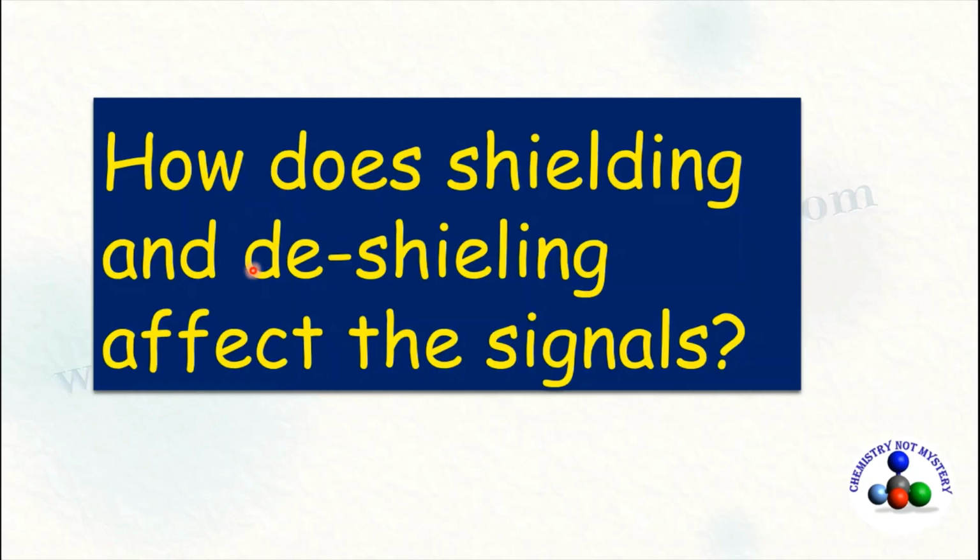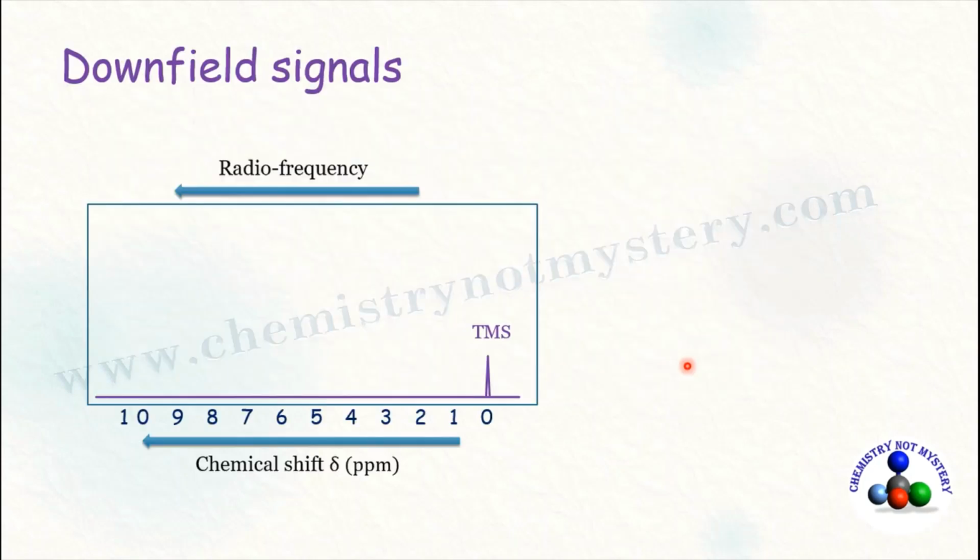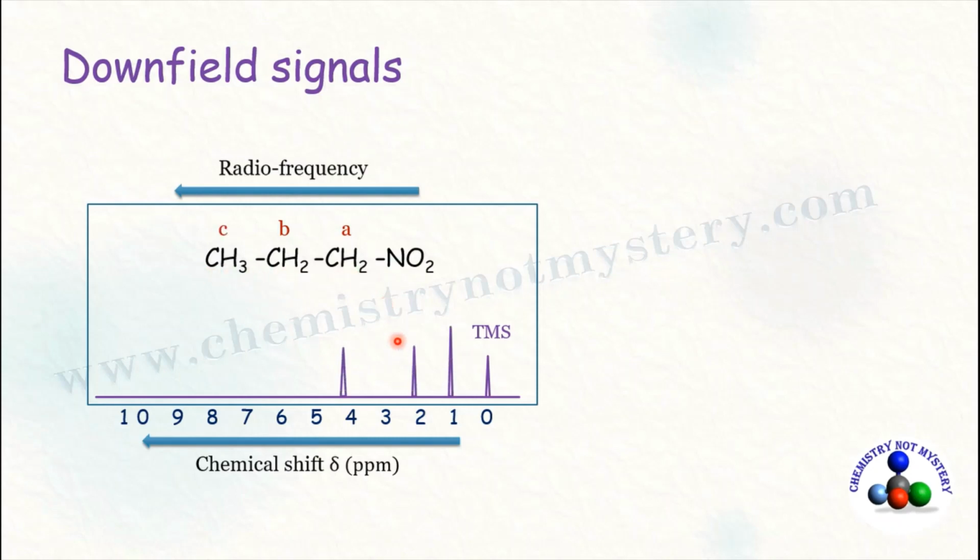How do shielding and deshielding affect the signals in NMR? For example, in this molecule, first identify the chemically equivalent protons to get the number of signals. So there are 3 sets of chemically equivalent protons, and this molecule will give 3 signals in the NMR spectrum. But which peak belongs to which signal? A set of protons is near the electron withdrawing nitro group.